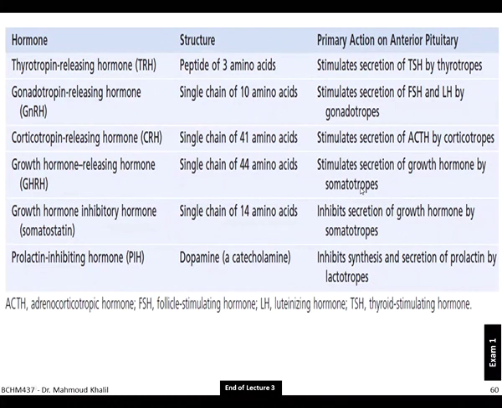So again, this table summarizes the structure of each hormone secreted from the anterior pituitary gland and the primary action on the anterior pituitary gland. And this concludes our third lecture, and I'm waiting for your questions.